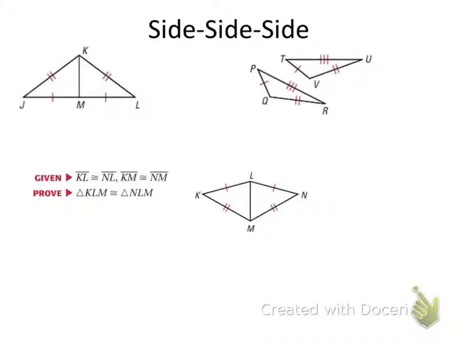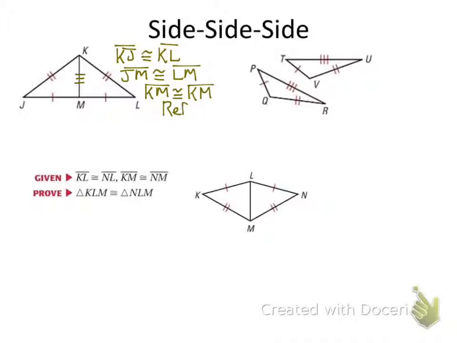So all of these will be side, side, side. But if I list it out first, I have KJ is congruent to KL, and I have JM is congruent to LM. So there's two pairs of sides I have. I need one more, and that is actually KM is congruent to KM. And the reason for that is the reflexive property.